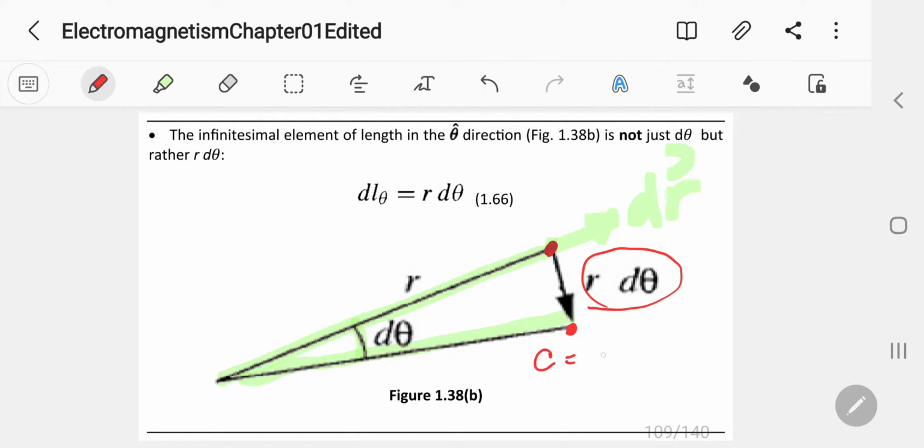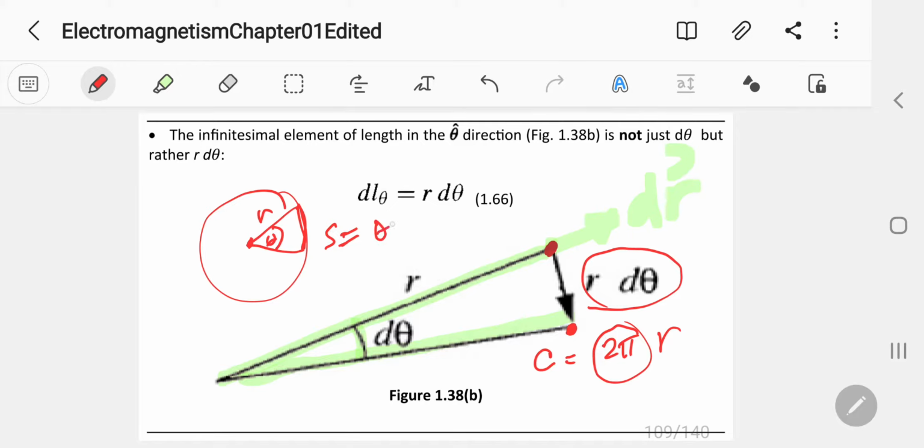The circumference of a circle is 2 pi times r, where 2 pi is the angle of the whole circle. So when you have a circle with radius r, and this is just theta, the sector is equal to theta times r. If you are referring to the whole circle, then your theta will just be equal to 2 pi.